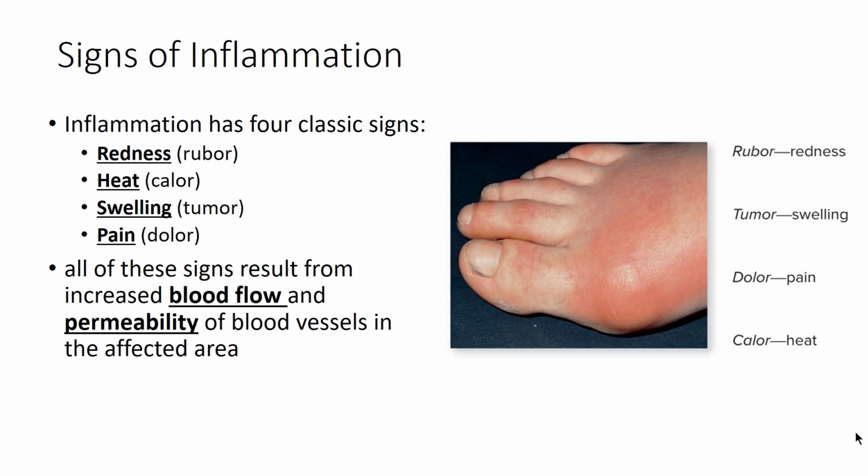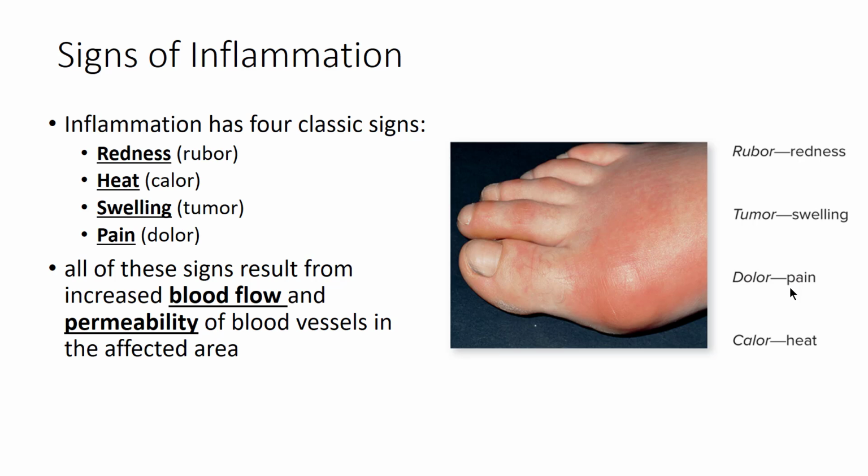What's interesting is that all of these symptoms manifest from the same underlying cause, which is that your body is picking up on either an infection or an injury or another chemical cascade. And the result is that the blood vessels in that area dilate.